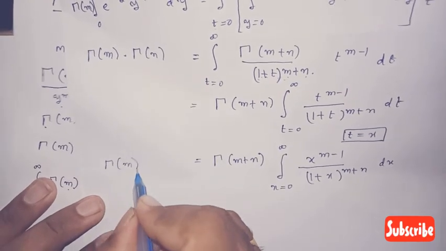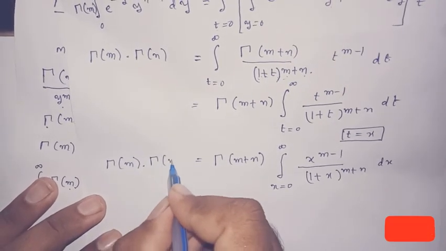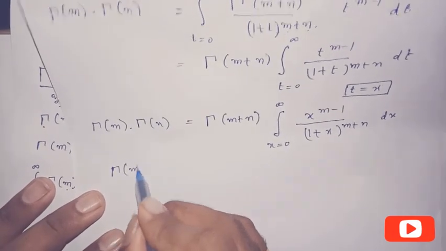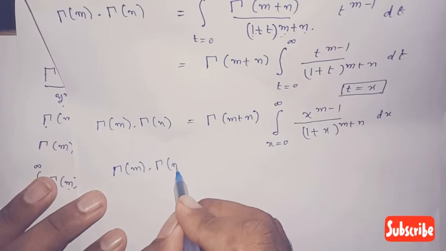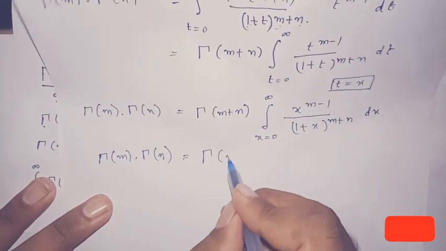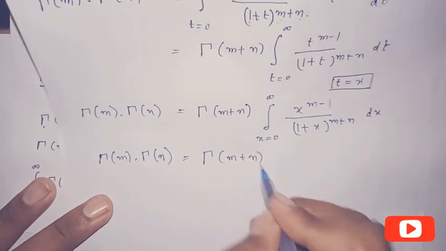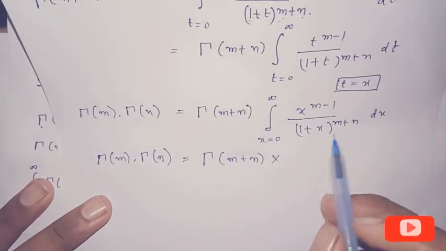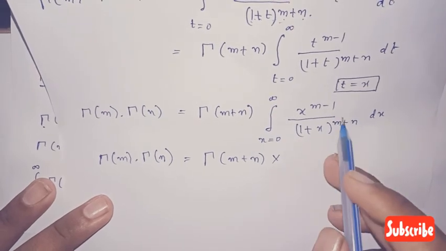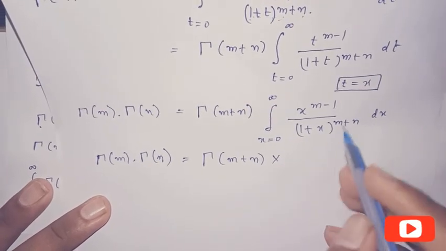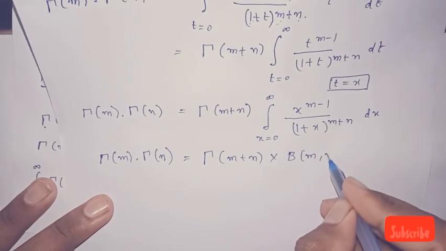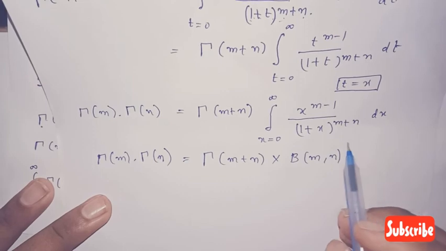Gamma of m into gamma of n is equal to gamma of m plus n into, as per the definition of the beta function, this is one of the forms of the beta function. Therefore you can write it as B of m, n. There are some forms of the beta function.